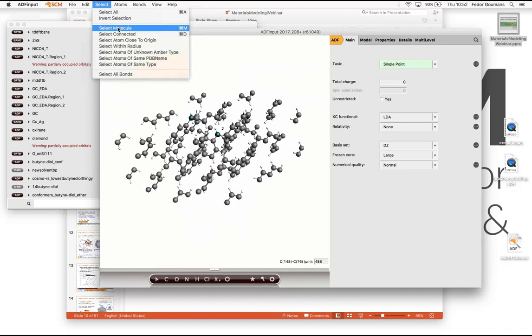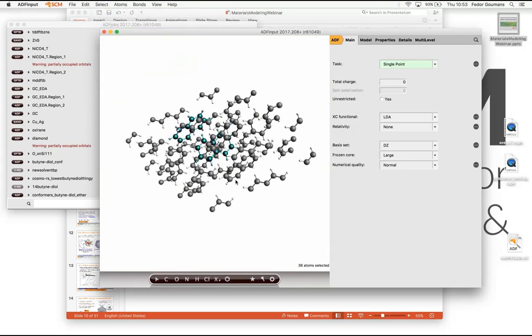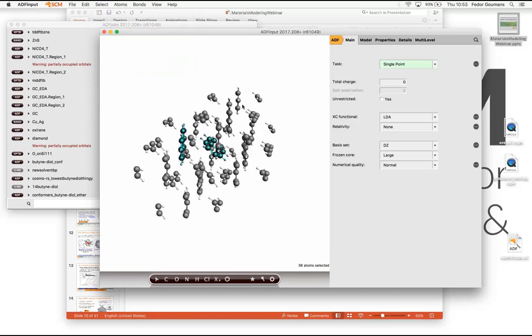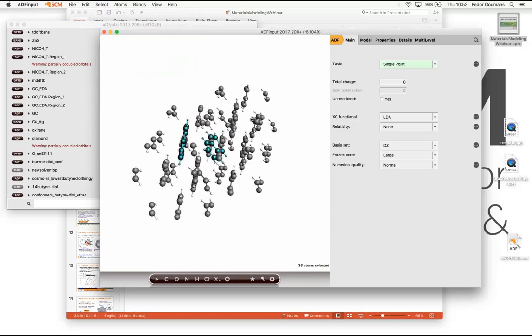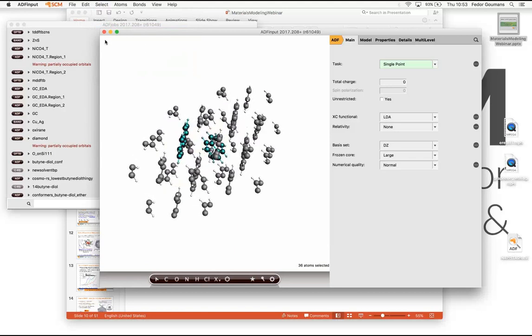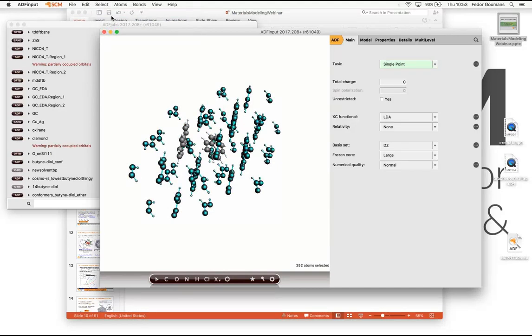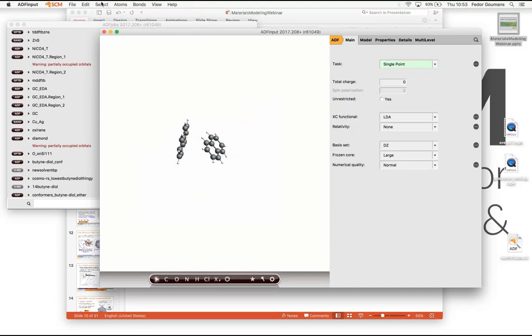I choose select molecules. So I've selected two adjacent molecules, and that is now the dimer that I want to calculate the hopping rate for, or at least the electronic coupling, the charge transfer integrals. So I invert the selection and then delete all those atoms that I'm not interested in.